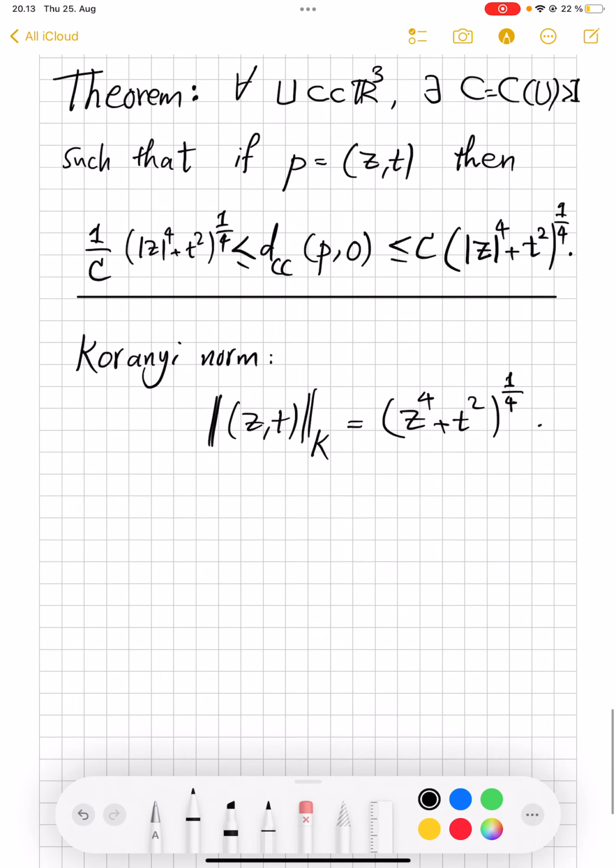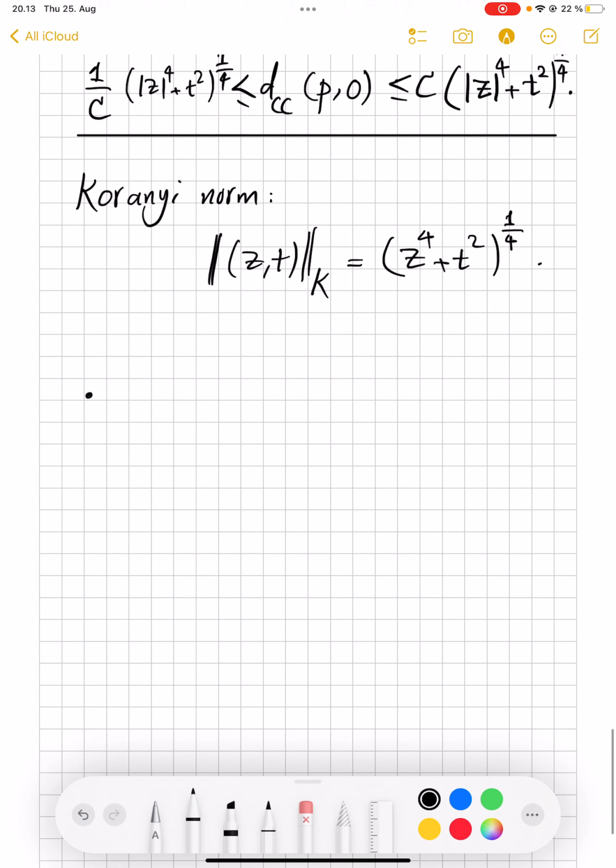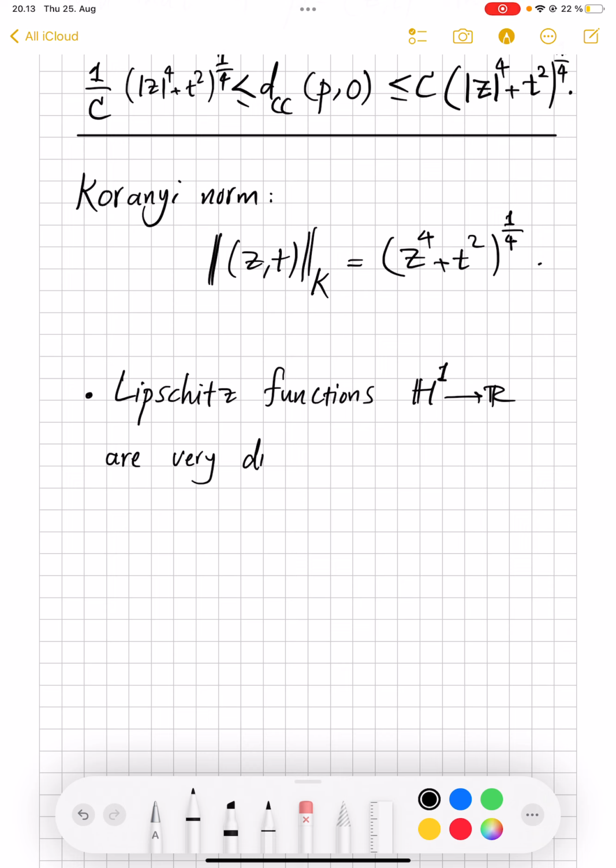Okay, let's mention things. So Lipschitz functions, for example, from the Heisenberg group into R are very different from, in general, the class of Lipschitz functions, because the metric changed drastically.